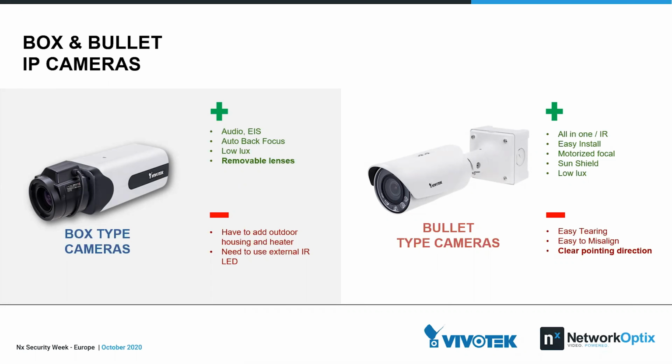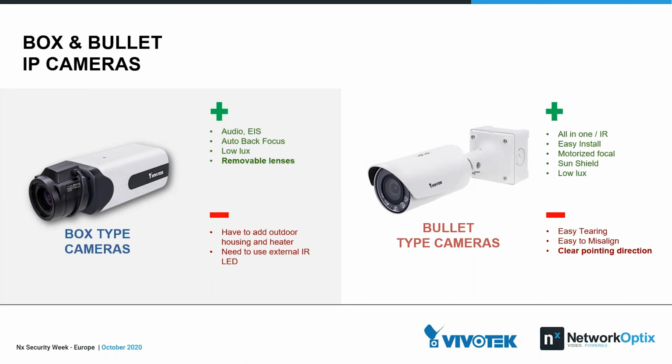But in an outdoor environment, when there are conditions like rain, which could impact the functioning of the camera, you usually have to add an outdoor enclosure, a housing to protect the camera, to heat it when it's too cold, and to protect it against the environment. So that's the main drawback of this camera.